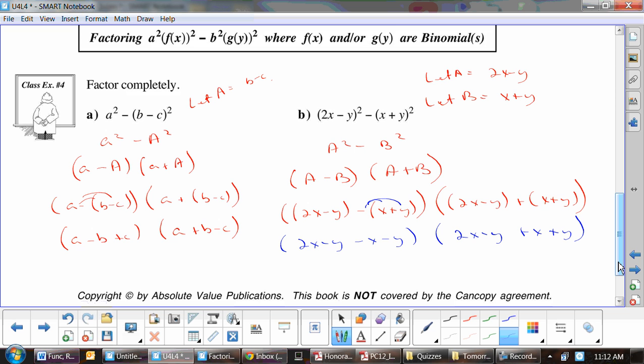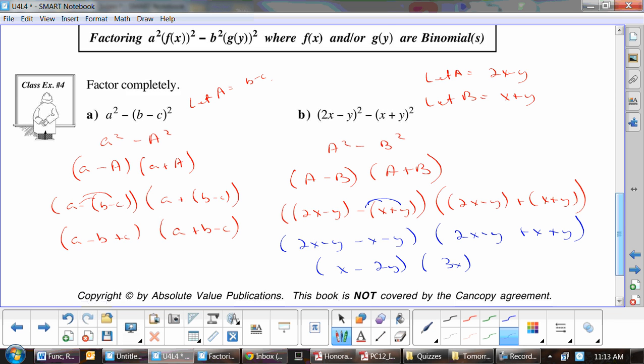So what's that first set of brackets going to equal? Still got people writing, so I'll just hold on here. What's in there? x minus 2y and 3x.